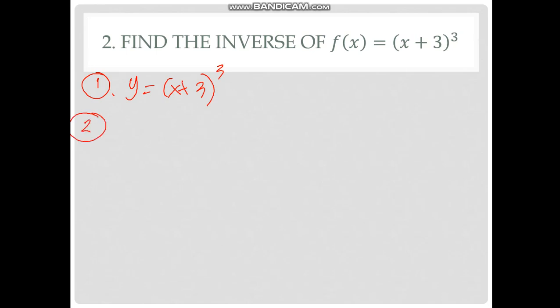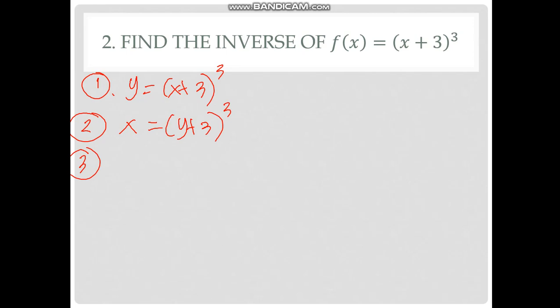Step 2 is you will interchange x and y. So this y will become x and your x here will become y. Step 3 is you're going to solve for y.